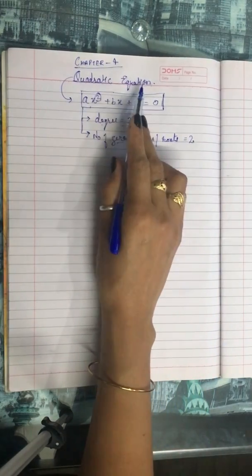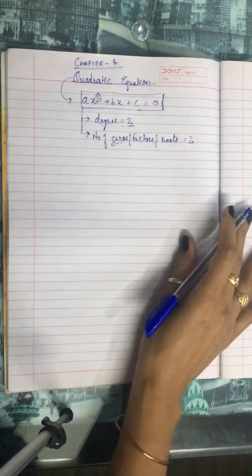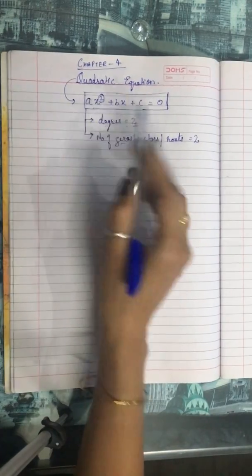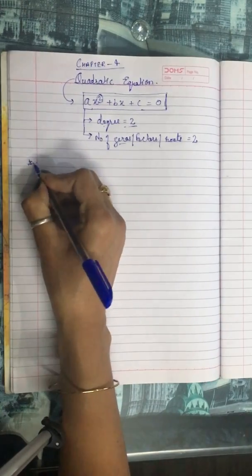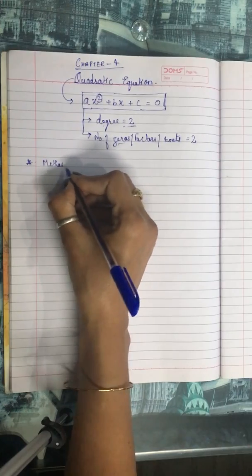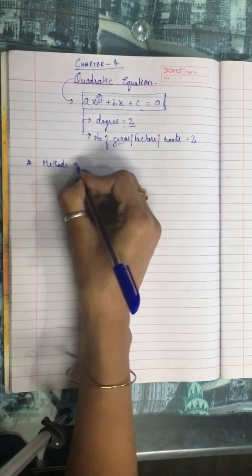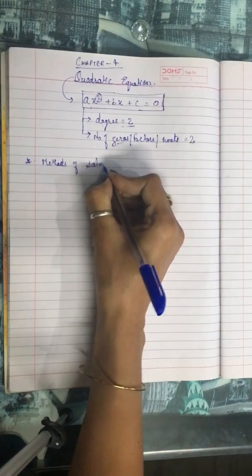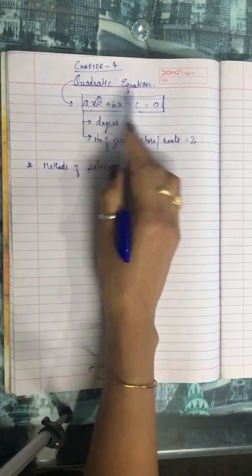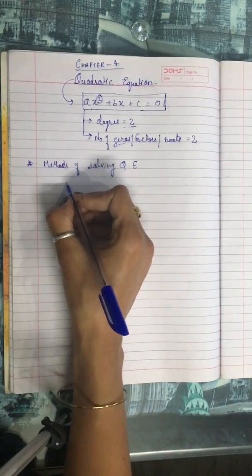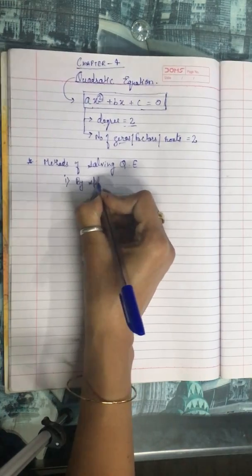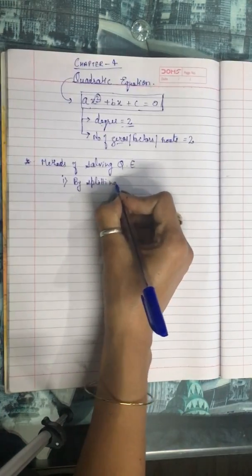In the chapter quadratic equations, we have the basic topics we need to solve this quadratic equation. So the next topic is methods of solving quadratic equations. We have three methods for solving the equation. The first one is by splitting the middle term.